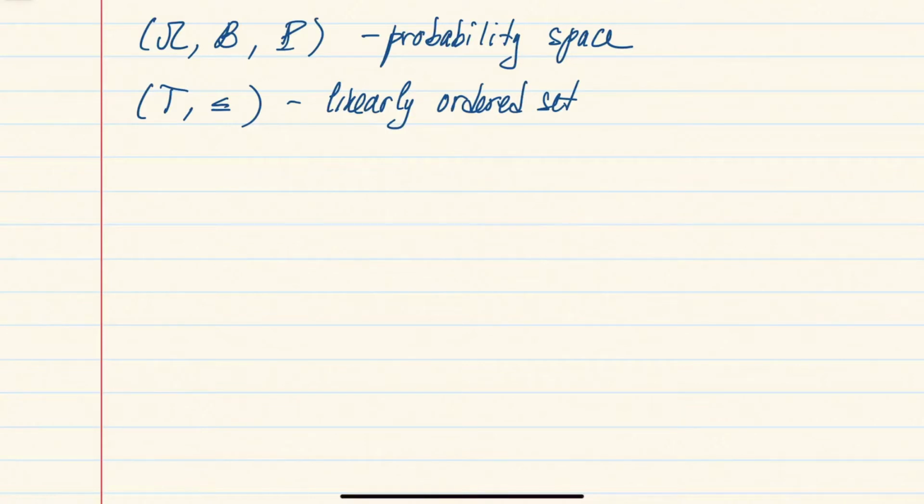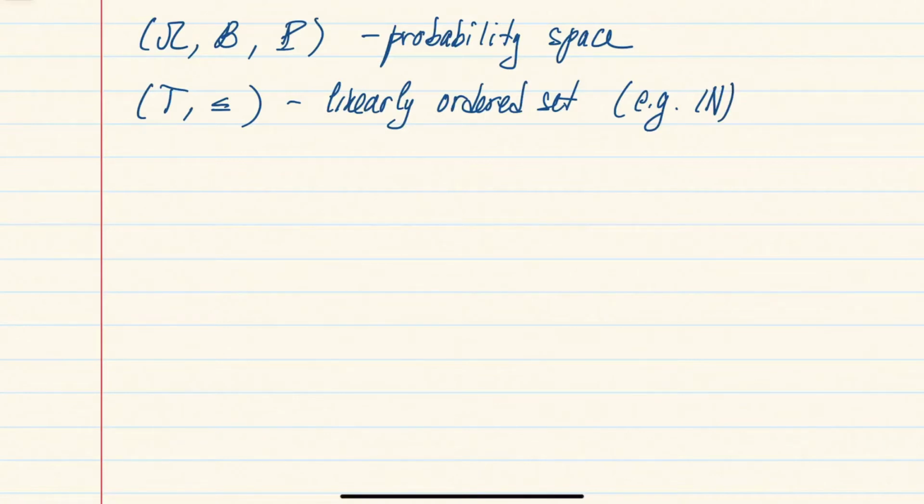In fact, in this chapter we will mostly focus on sequences. So for example, this will be simply a subset of, let's say, integers, such as natural numbers, with the usual order.